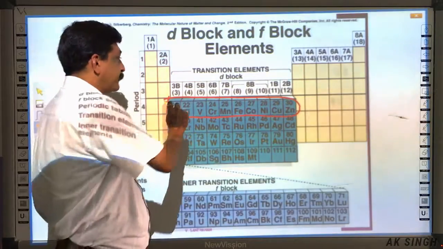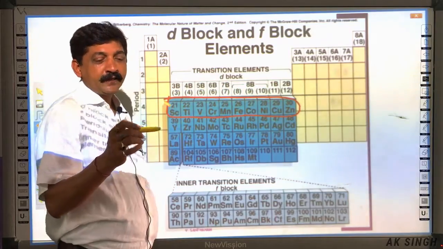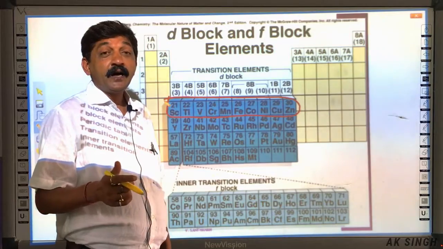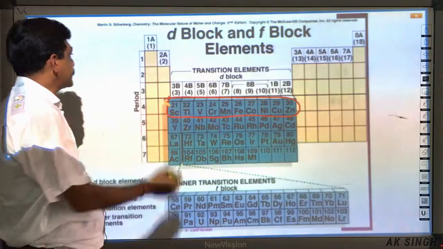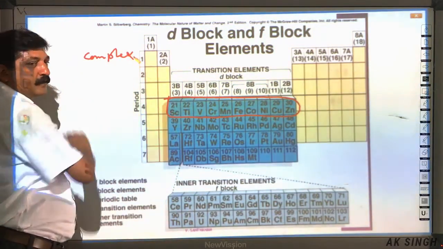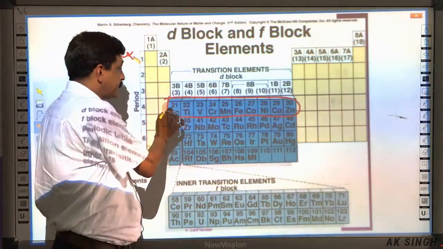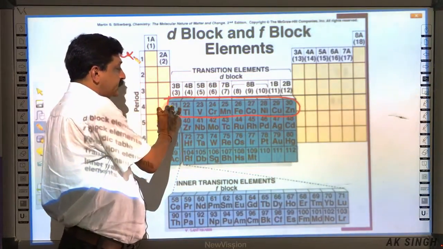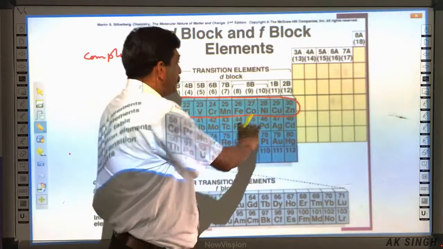While studying the properties of these elements in that chapter, you have studied the magnetic behavior, the coloring properties, and also the capability to form complex compounds called the coordination compounds. For this, from scandium, you have to remember always the electronic configuration along with the atomic number up to this.